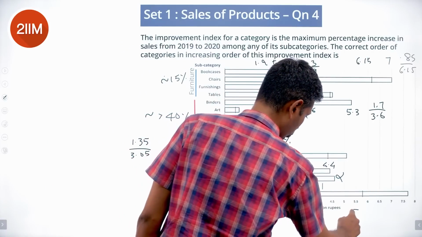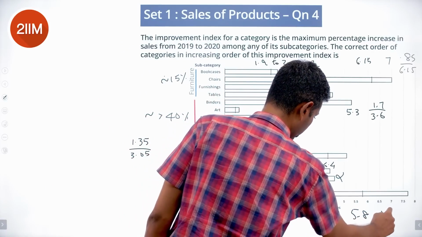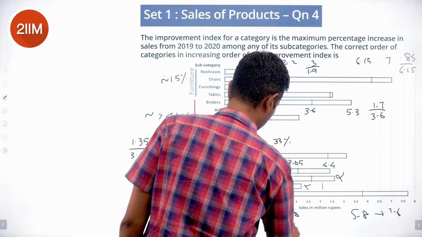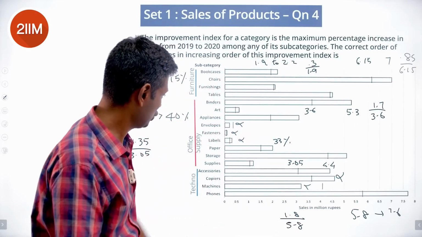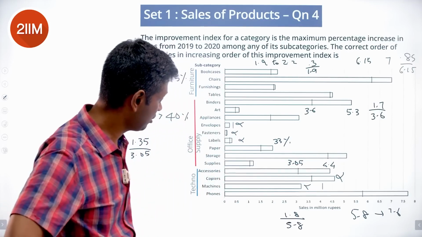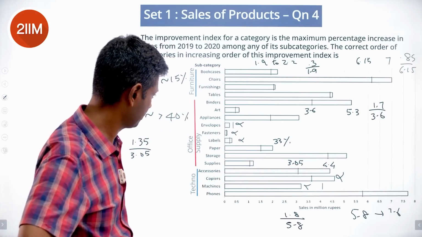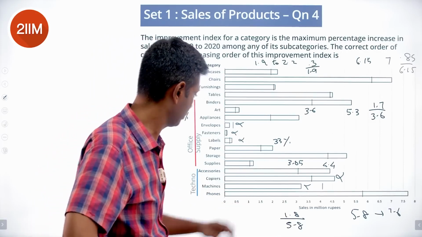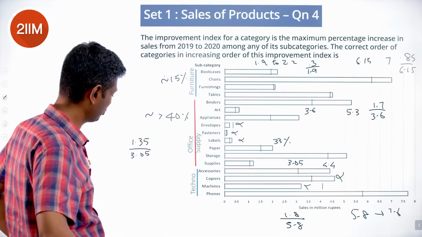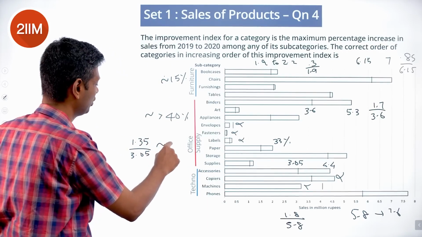Here we are going from 5.8 to 7.6. 1.8 by 5.8. This chunk is bigger, definitely. 3.05 to 4.4 is a sharper switch than this. So 1.35 by 3.05, 1.35 by 3 is roughly 45%.